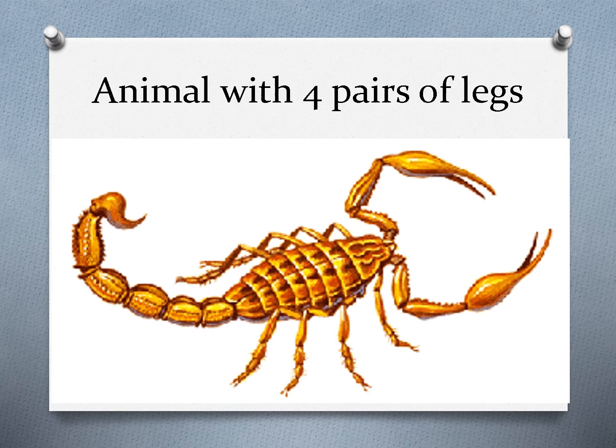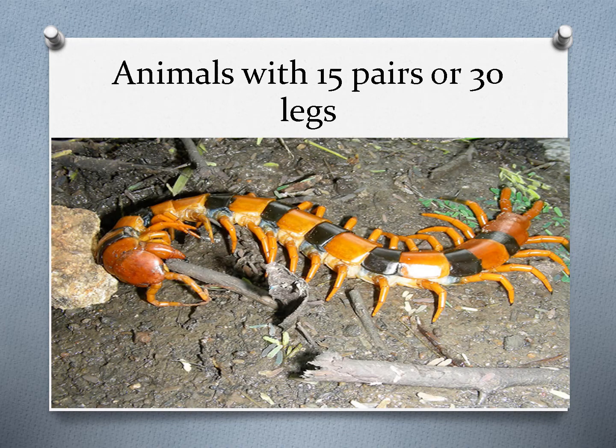Okay, scorpion, this is an arachnid. Okay, they have 4 pairs of legs. Having 4 pairs of legs made arachnids different from insects, because insects have only 6 legs or 3 pairs of legs.